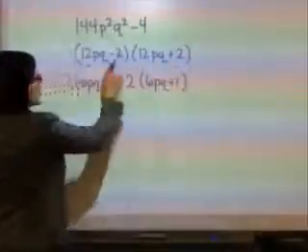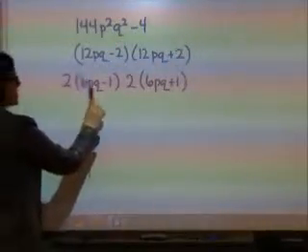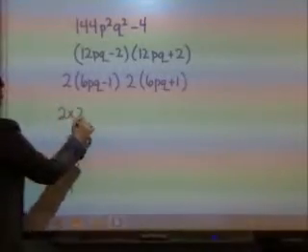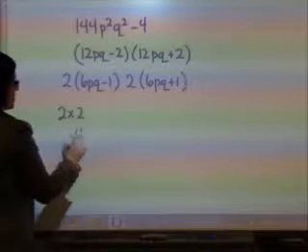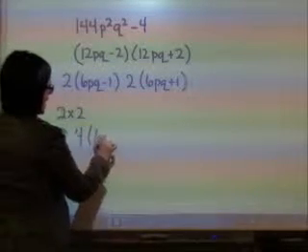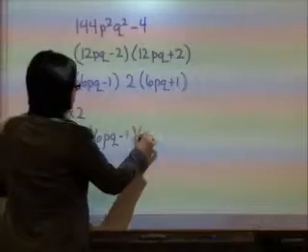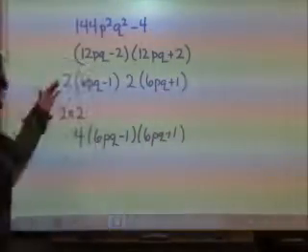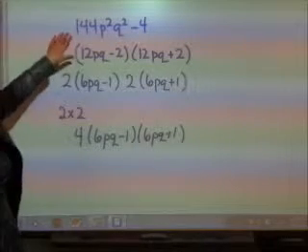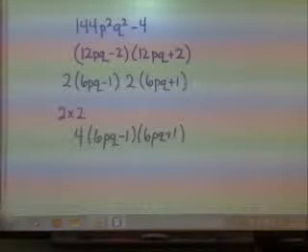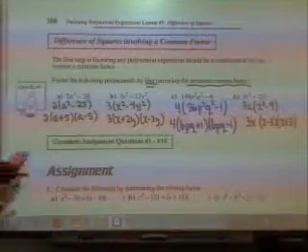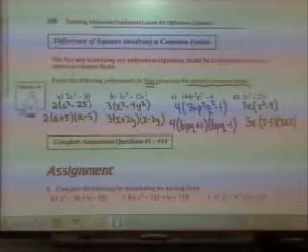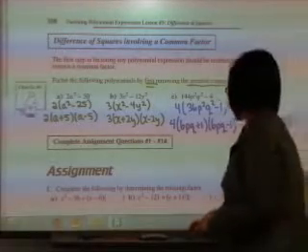These are all being multiplied together. 2 times this times 2 times this, which means I can put the 2 and the 2 in front, which gives me 4, and I am at the answer that I previously had, but it has taken me extra steps because I didn't factor out the GCF first. So it is very important to always look to see if I can factor out that common factor before I continue trying to factor the rest of the question.